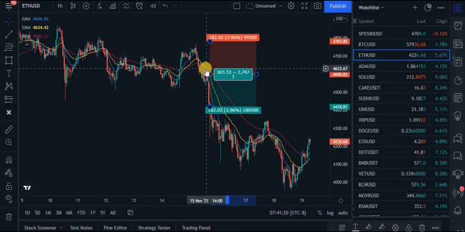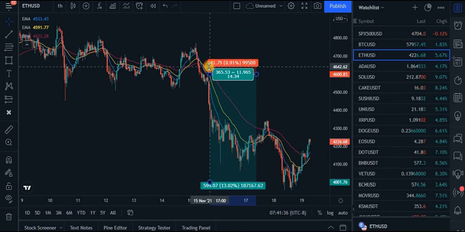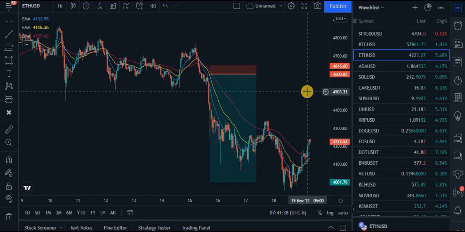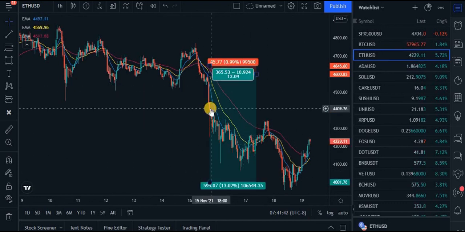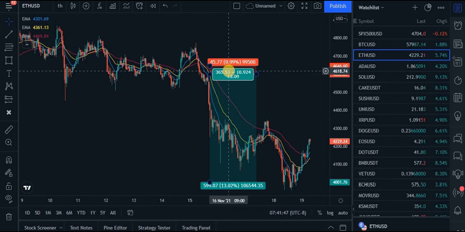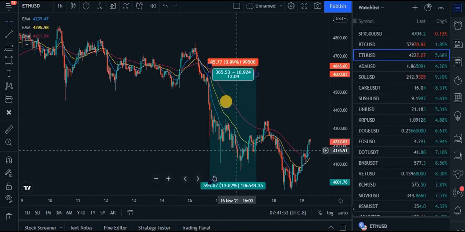Here, when you see these 3 moving averages are fanned out, you can surf the market down to here. You can put your stop loss above here, and you can see that you have a very good risk to reward ratio. Of course, you can't hold your position in this entire run. You have to take profit down the road, but consequently you have a very good risk to reward ratio.